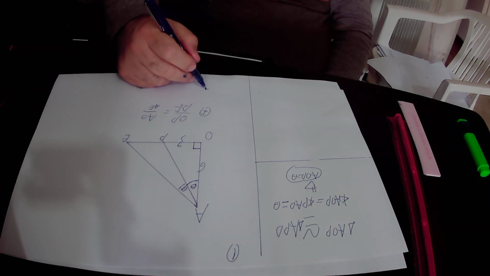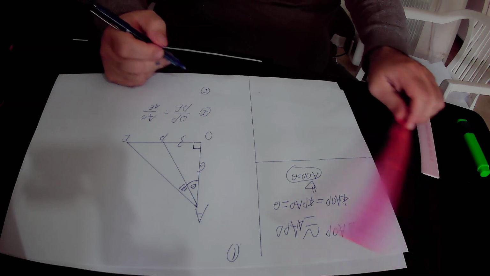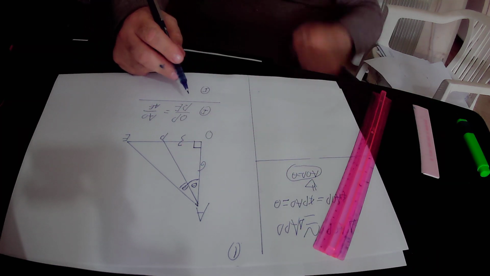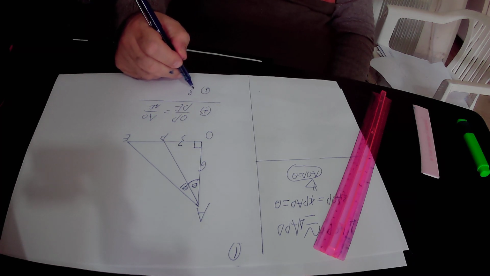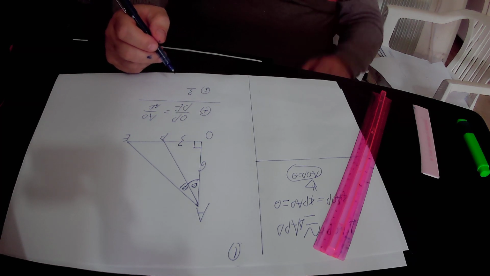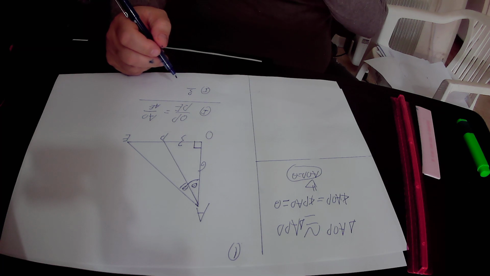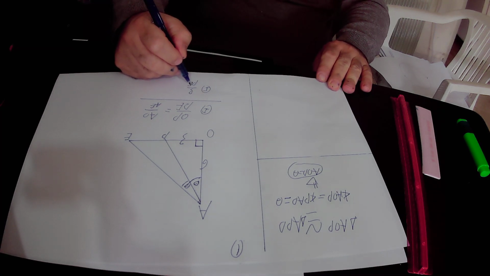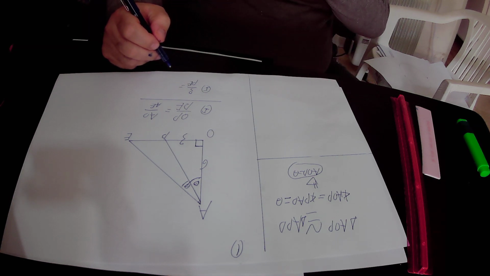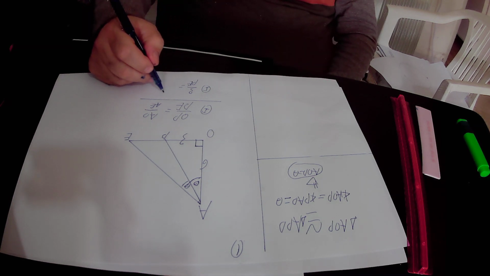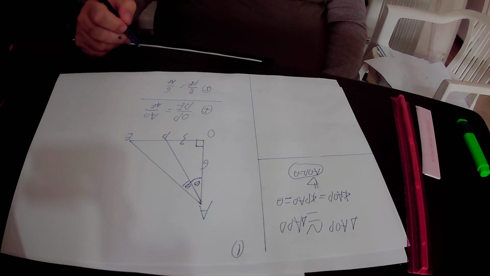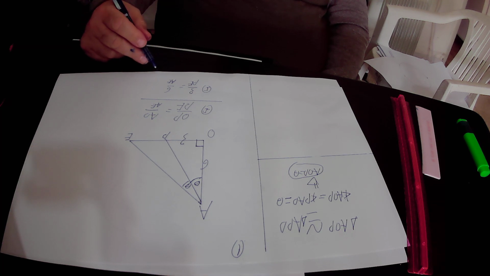So according to equation number 1, OP is 3 over PE equals AO, which is 6, over AE. So according to equation number 1, 3 over PE equals 6 over AE.